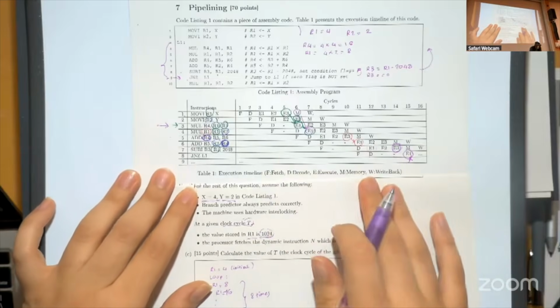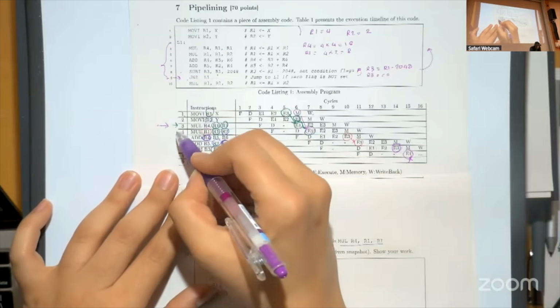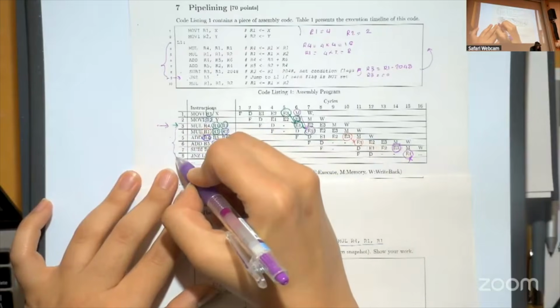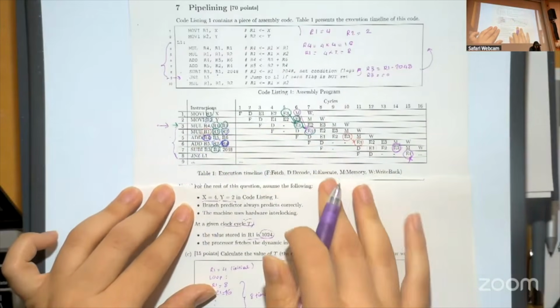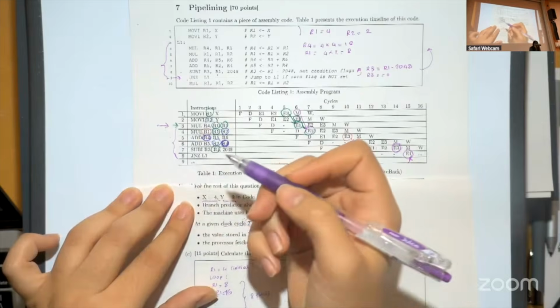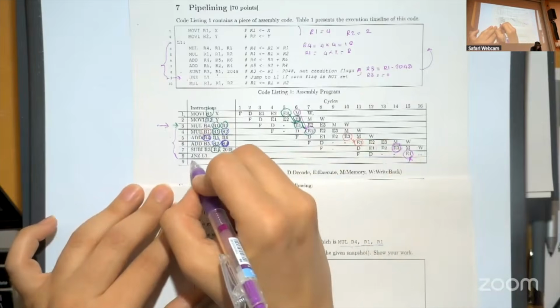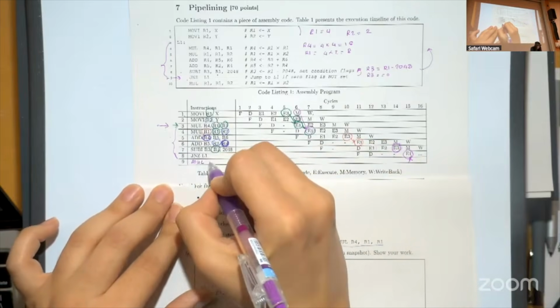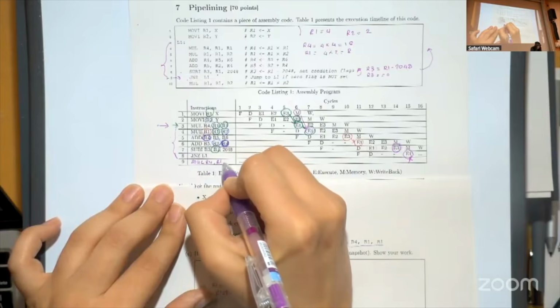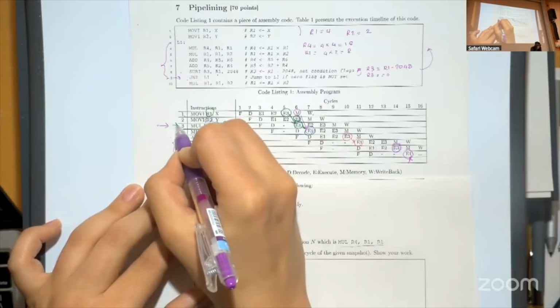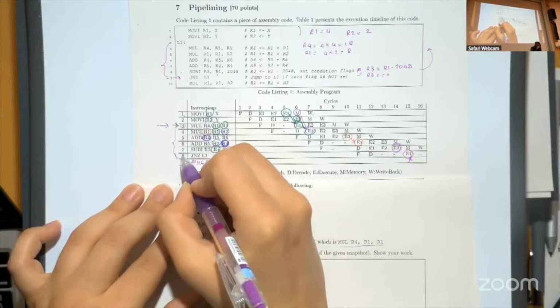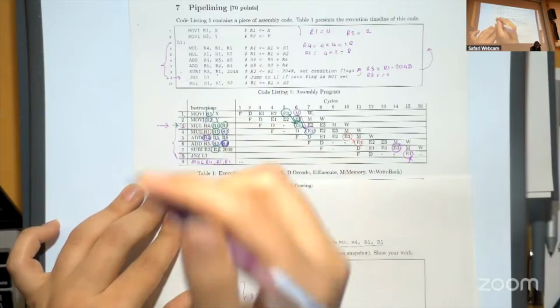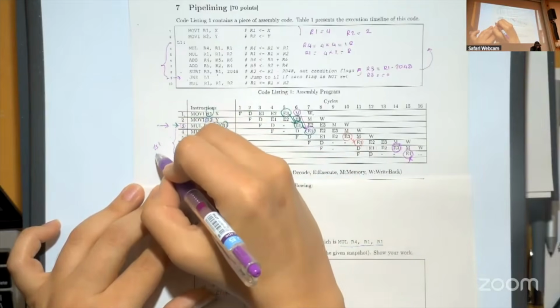So, okay, let's look at the first iteration of the loop, which is here. You can see that after this point, since the branch prediction always brings the correct instruction, what you will get is another multiply R4, R1, R1, and this makes this part from instruction 3 to 8 basically the first iteration, right?